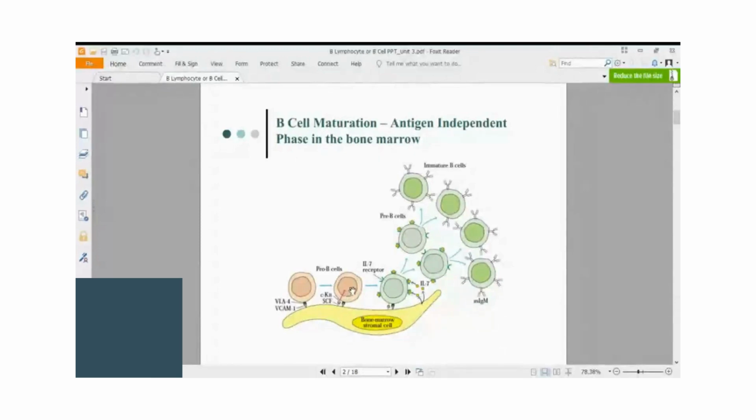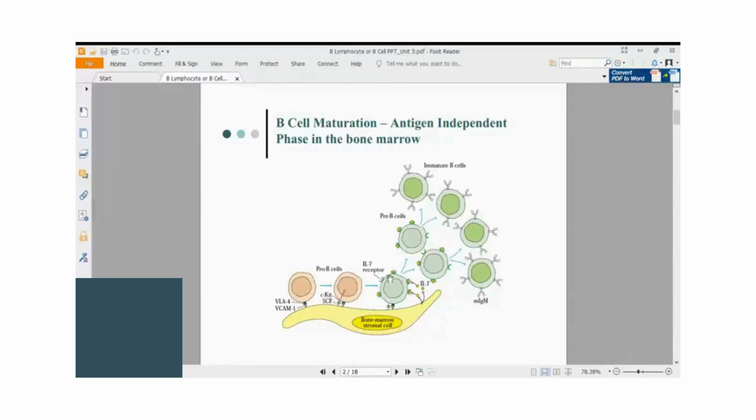Now, the IL-7 receptor, which is expressed by the pro-B cell, will start expressing on its membrane, and that will become receptive for the interleukin 7 secreted by the stromal cells. To receive that signal, the receptor will be expressed under the command of the c-KIT gene.